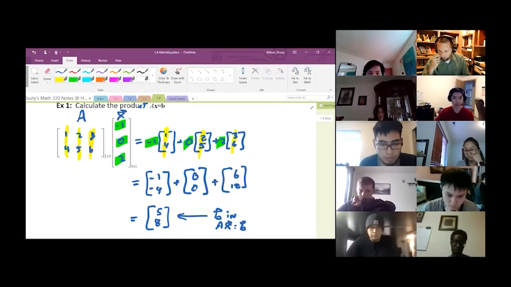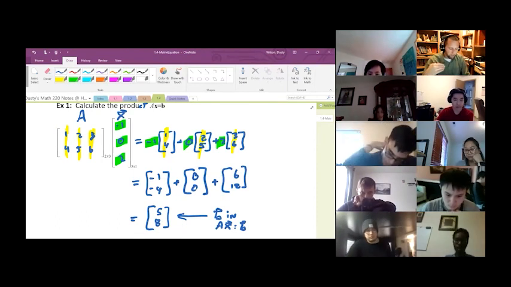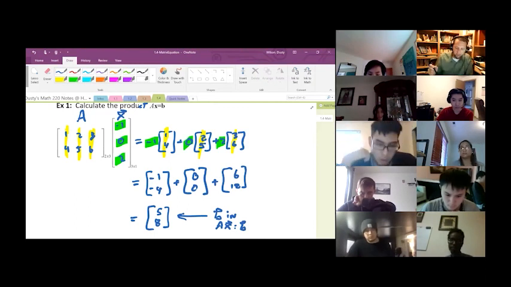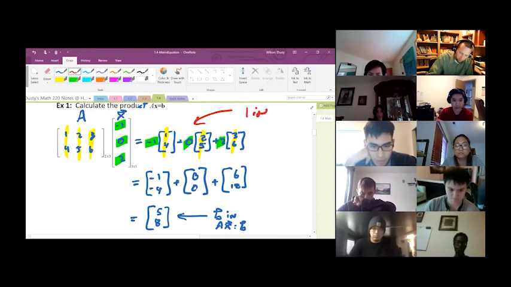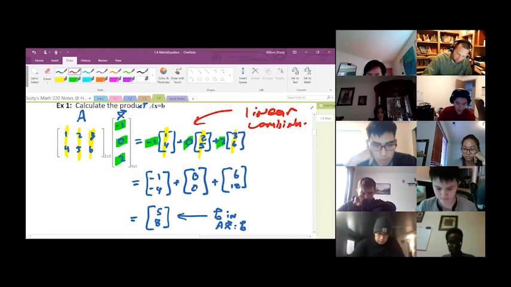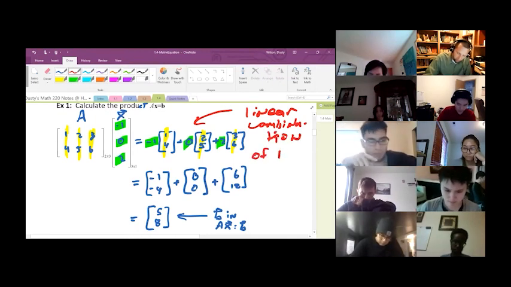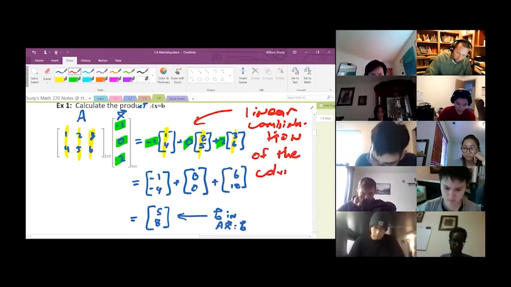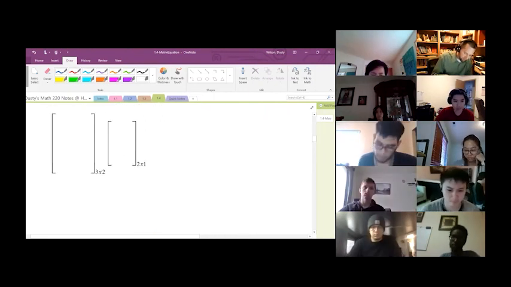Everybody okay with multiplying matrices? In this case, we're doing our matrix multiplication by thinking about our product as creating a linear combination of the columns of A.